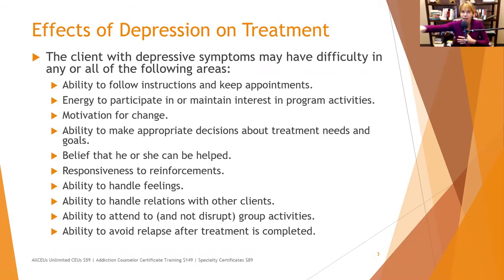So if client John over here just pushes your ever-loving buttons and you just can't deal with it right now, how can you function in the program where you're not going to get into it with John, but you're also being true to yourself because you're on your very last nerve? Maybe sharing with John that you're really struggling right now and on your very last nerve, or avoiding John, being in different groups. There are a lot of things you can do.